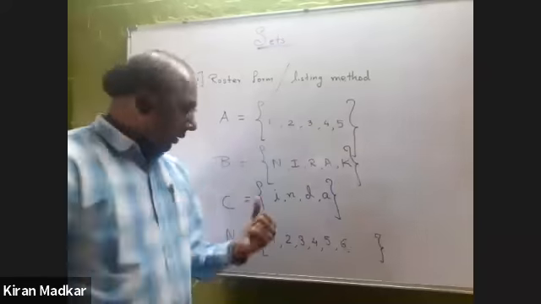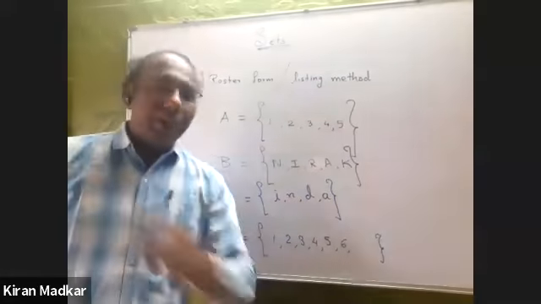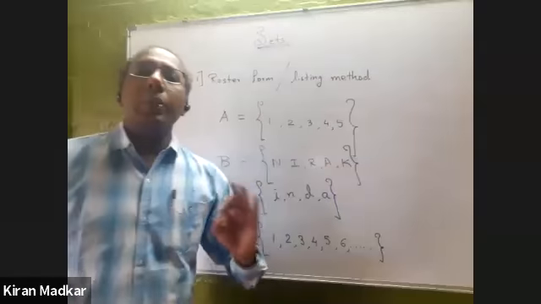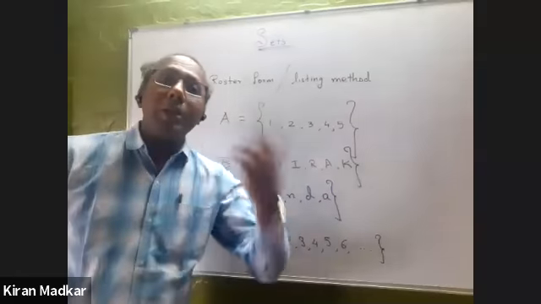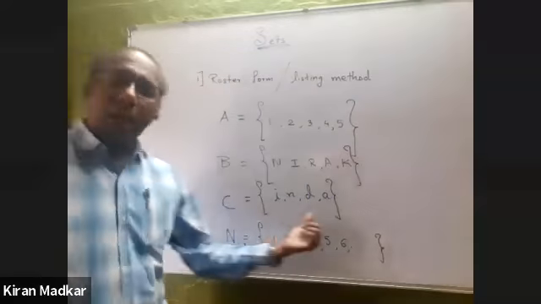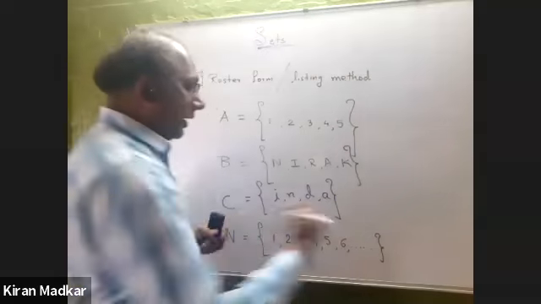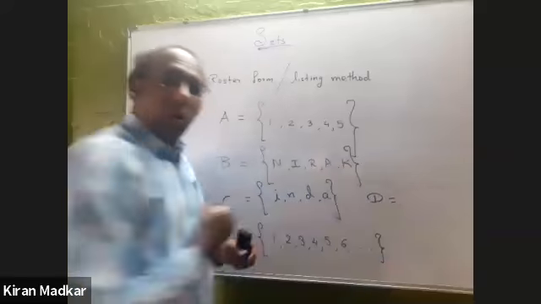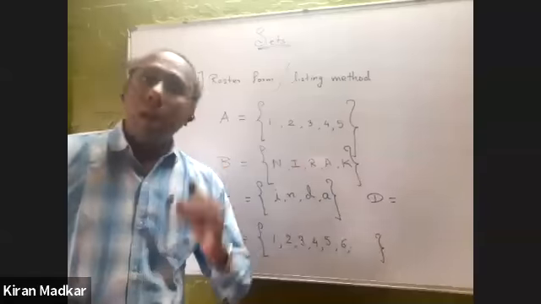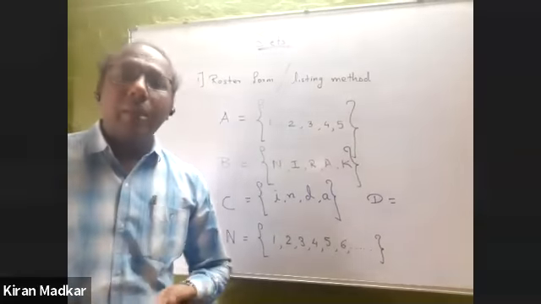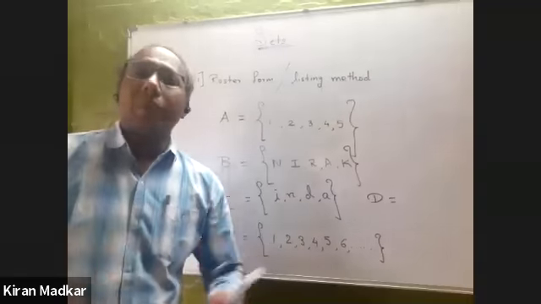Next rule says the repetition of elements is not allowed. That means you cannot repeat the elements. For example, I'm writing a set D, the set of digits in the number 121.